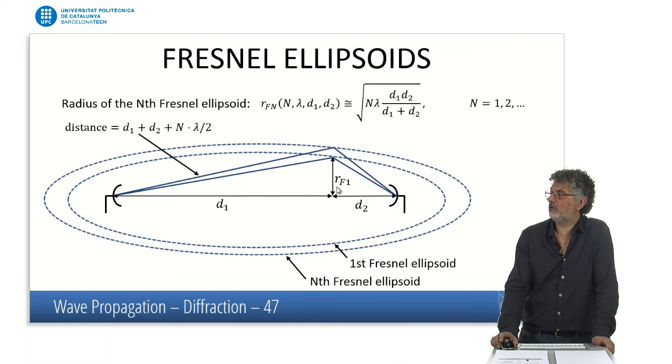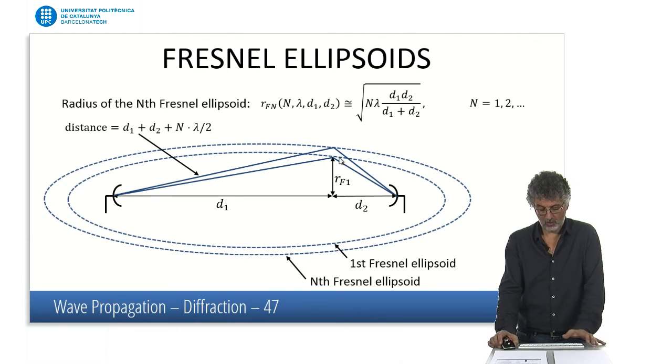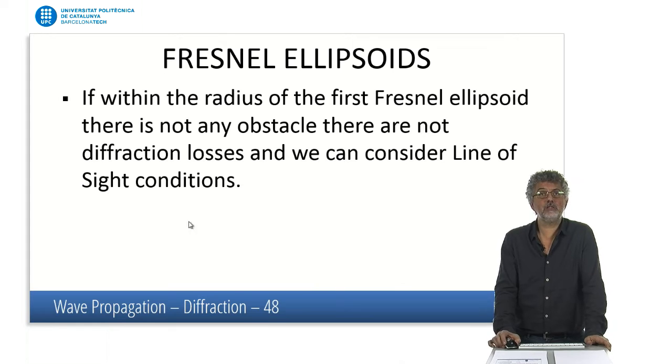Well, I can find the radius of the Fresnel ellipsoid depending on the position of D1, D2 given by those expressions. Notice that the first Fresnel ellipsoid defines a certain volume of space. Well, then the criterion is the following.